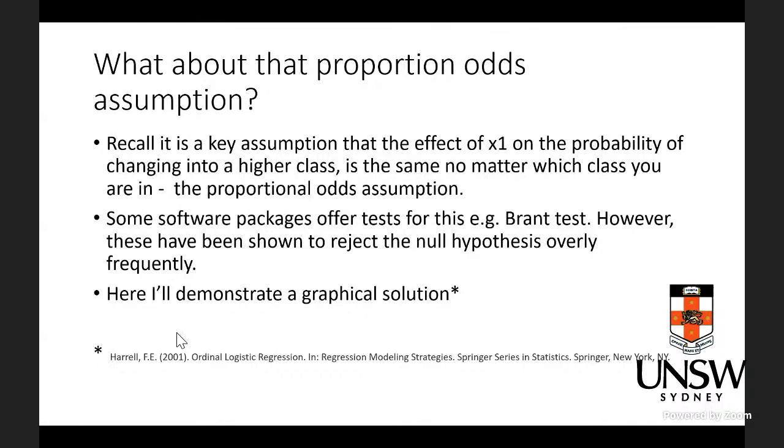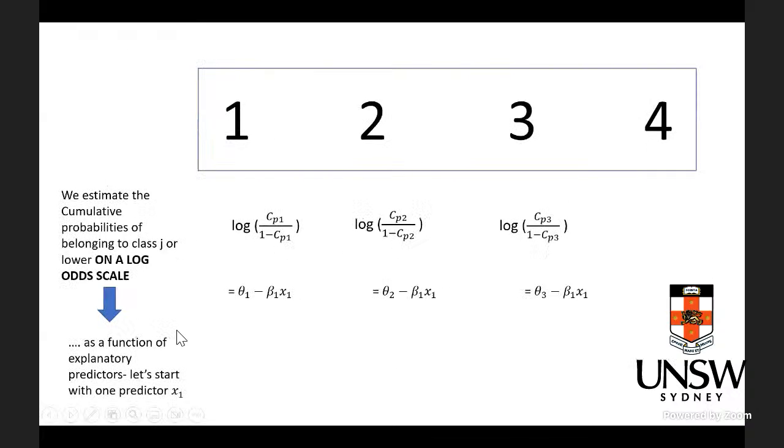Now, the graphical method. If you think about these 3 beta 1s, the assumption is that they're the same.